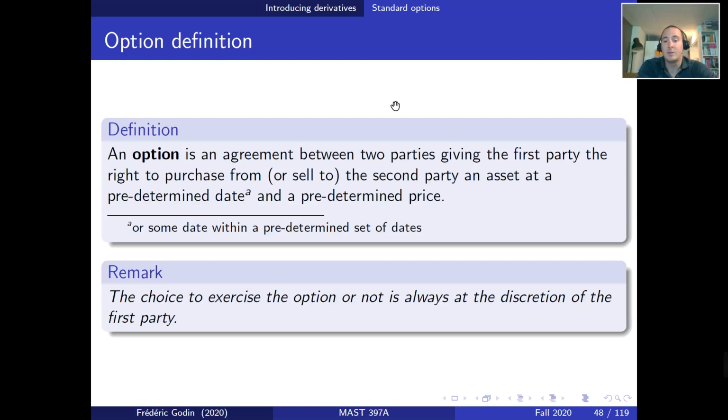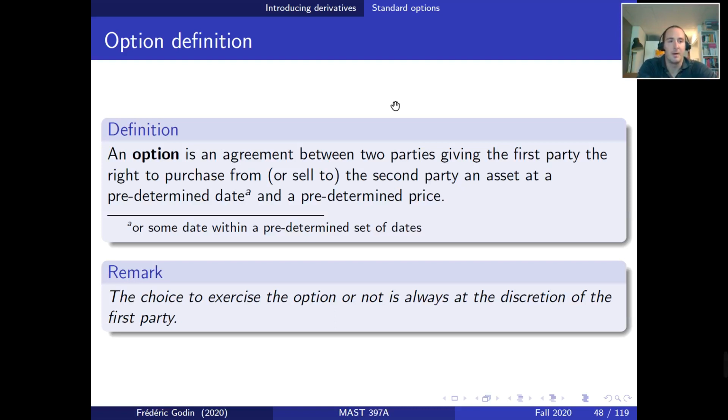The choice to exercise the option, so to make the exchange of the underlying asset and the strike price, or the predetermined price, is always at the discretion of the first party.